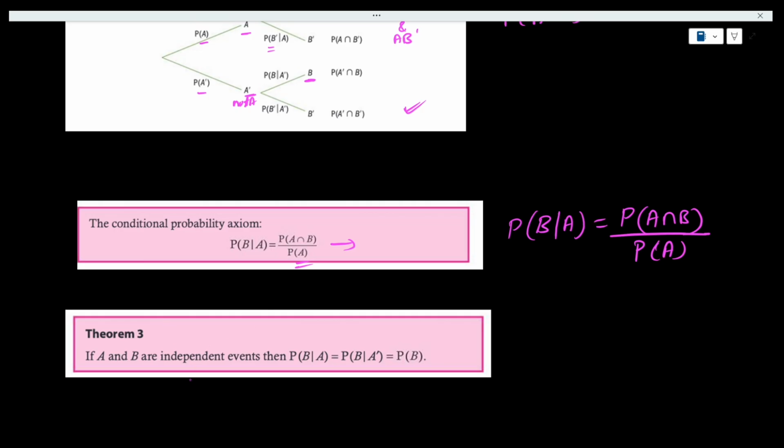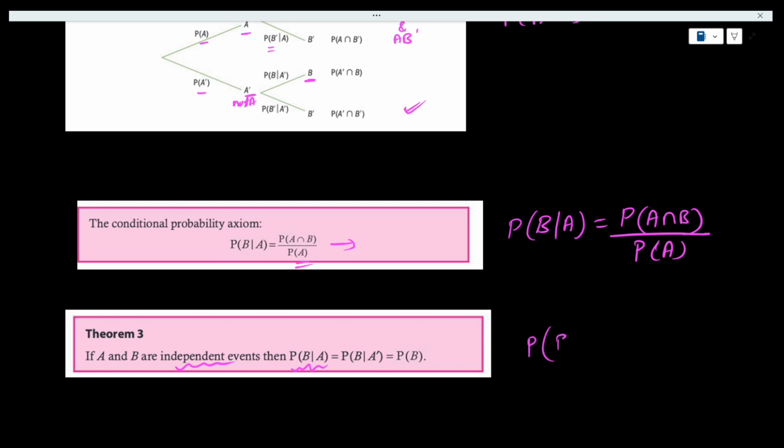Or if they are independent events, then sometimes they'll tell you. The first theorem you have learned is the multiplication rule, where it is intersection, you multiply A and B. Then you have learned the second theorem as the OR rule, where for happening of A or B, you add their probabilities. Then sometimes you get a question to check if A and B are independent events. You need to check conditional probability.